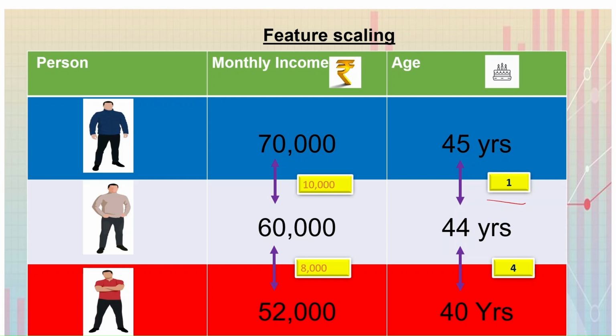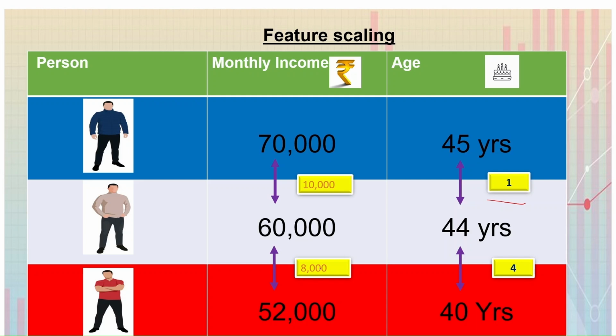So we might make the erroneous conclusion that we are going to ignore the values 1 and 4 because those are such a small difference compared to 10,000 and 8,000.